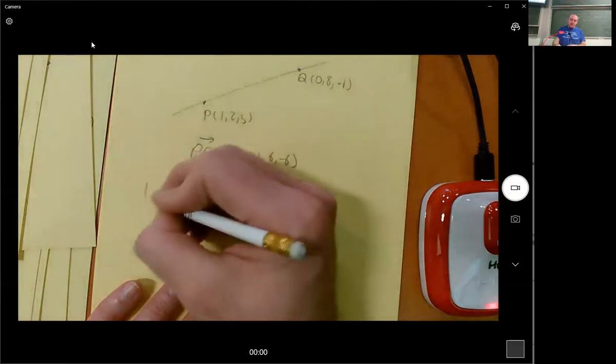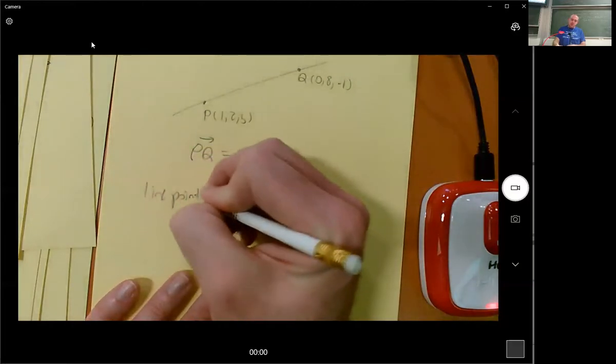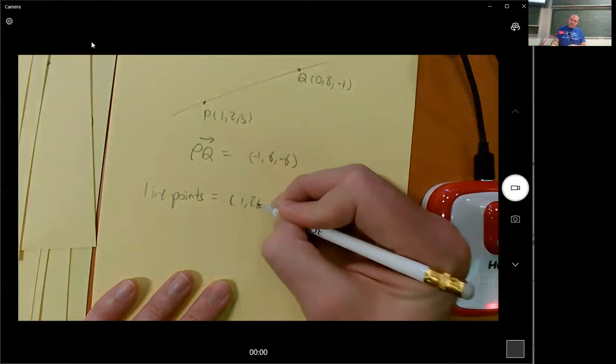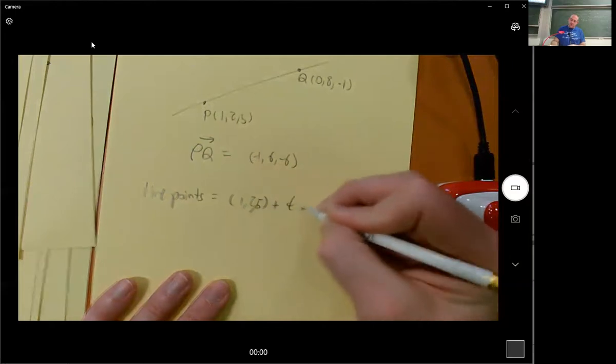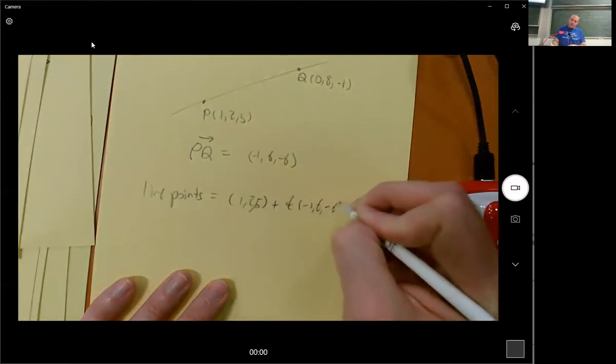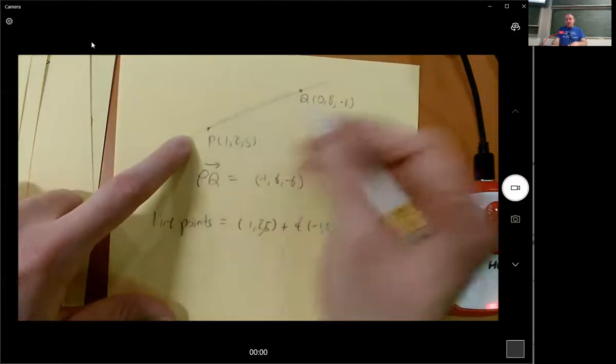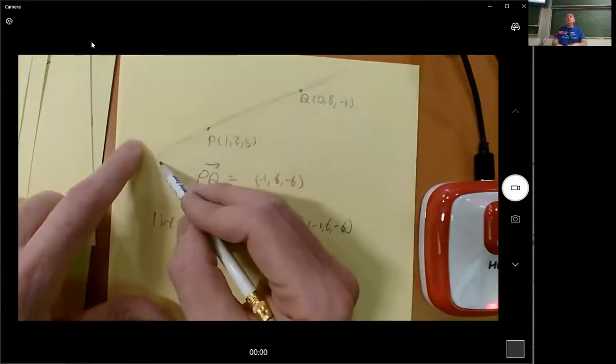And then I do that the points on the line are 1, 2, 5 plus t lots of -1, 6, -6. This gives you all the points on the line. It gives you these points and these points and these points.